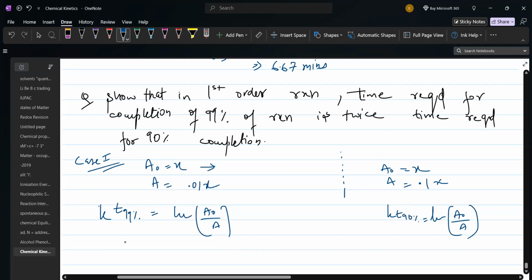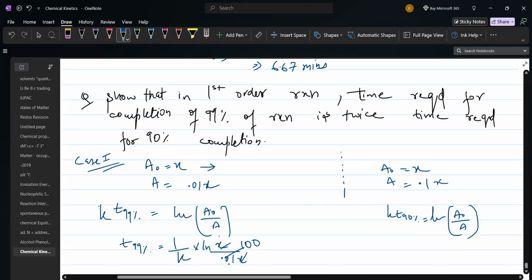So t 99% is 1 upon K, and here we put in the values. A naught is x, A is 0.01x. So we will cancel this out and this will become 100, right?